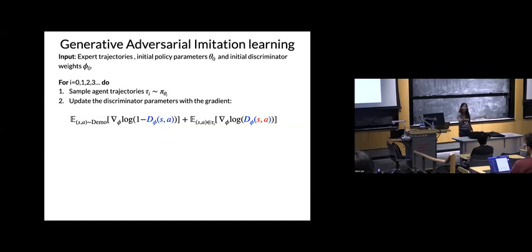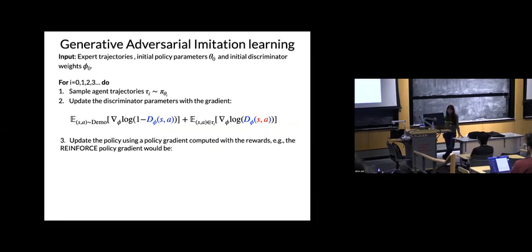For every action, you would estimate an advantage, if you remember, by computing instantaneous rewards plus gamma V of the next state minus the V of the current state. That's the definition of the advantage. So now you have an idea of how good the state and action is. So why don't we use policy gradients exactly the same way? Grad theta log p theta, times log D of that discriminator on S comma A, which means what? The actions that lead to the discriminator's confusion will become more probable, and the actions that lead to the discriminator not being confused will become less probable. That's precisely what this gradient does.